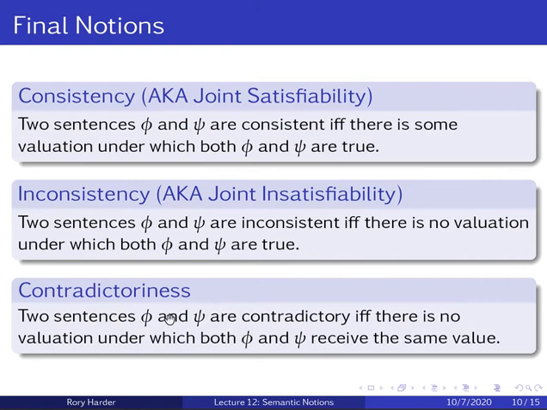If you constructed the truth tables of phi and psi and compared them, you would see that there's no valuation under which phi and psi have the same truth value. They always have different truth values on every row.